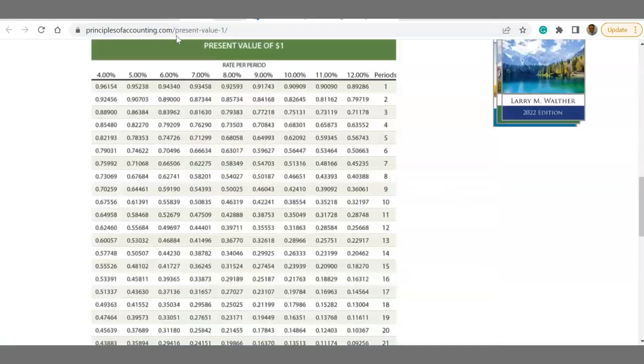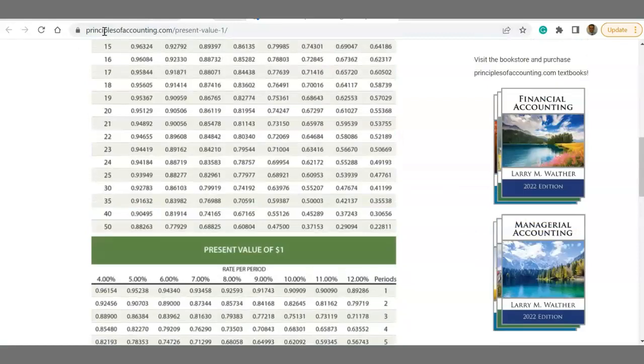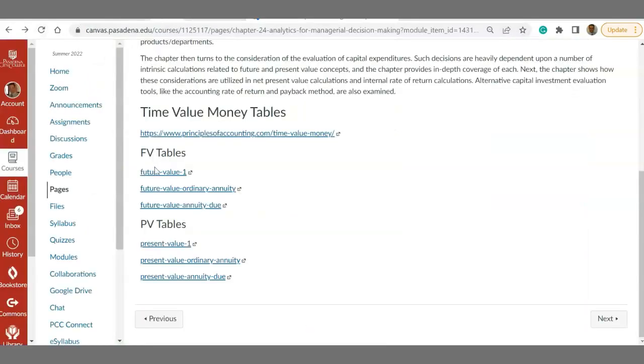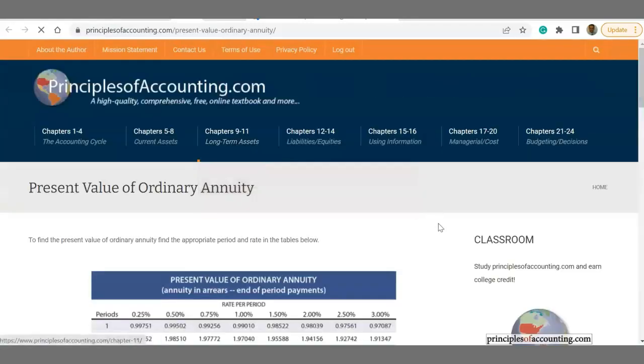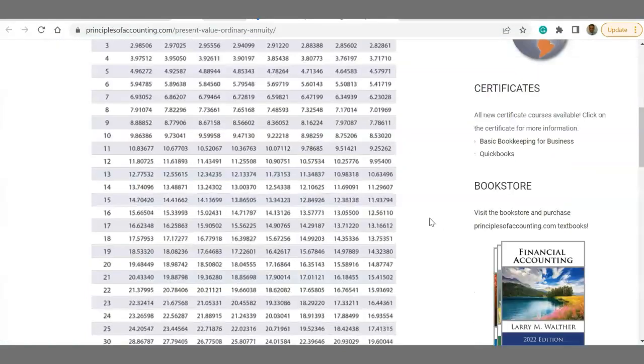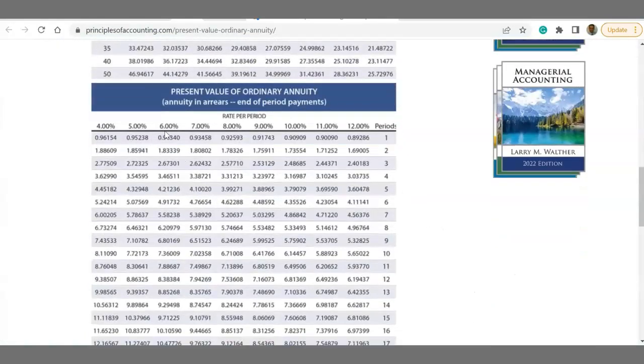So let me show you here. Go to present value of ordinary annuity, a series of payments that comes at the end of each period. You can easily go to I6 and go to N5. And the answer, write it down, is 4.21236.